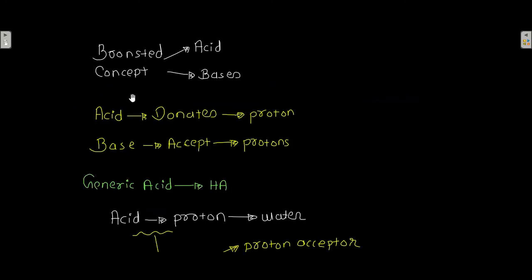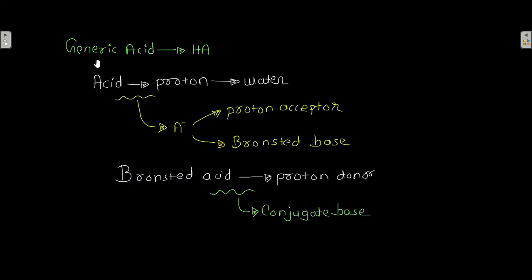Now, according to the Bronsted concept of acids and bases, an acid is a substance that donates a proton and a base is a substance that accepts a proton. Now consider this generic acid HA. When this acid donates its proton to water, one of the products of that reaction is A-.